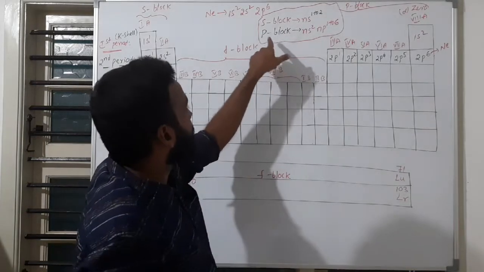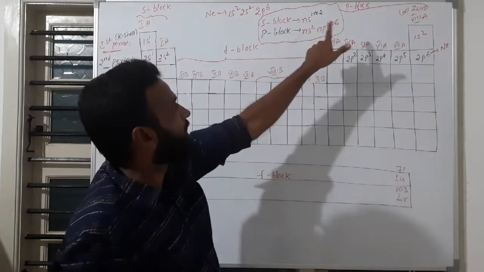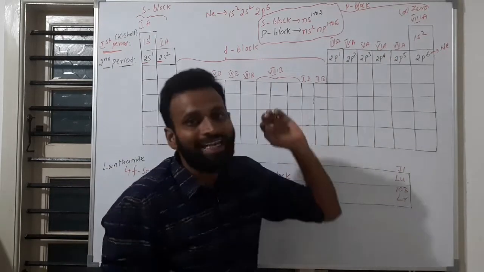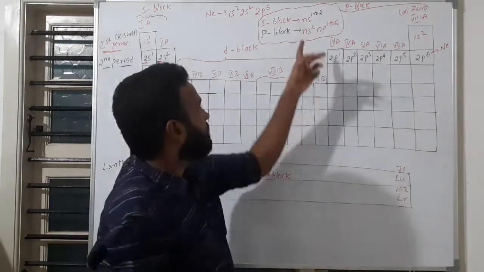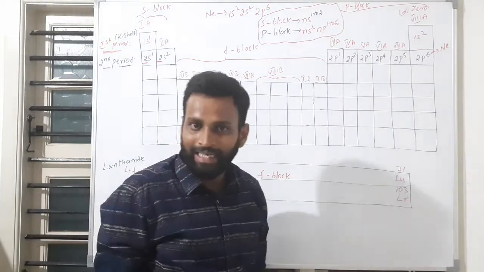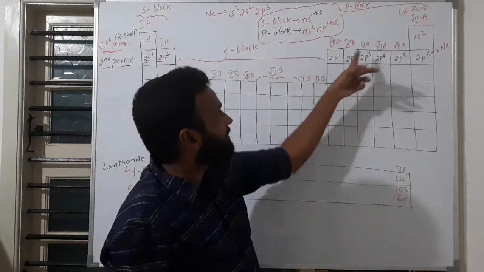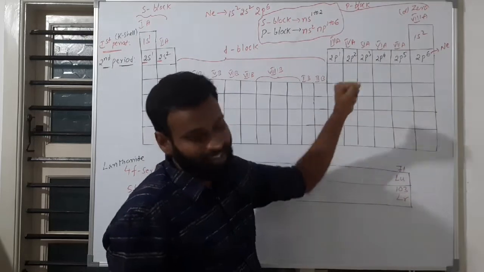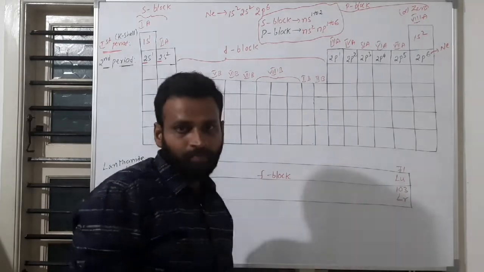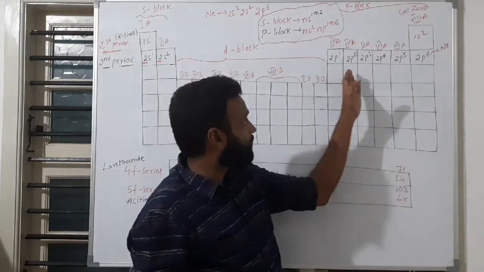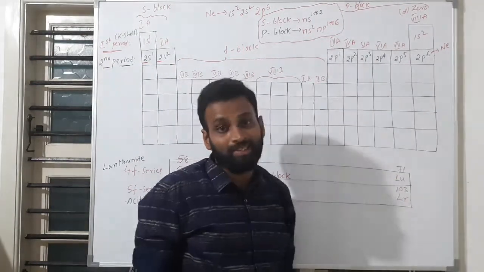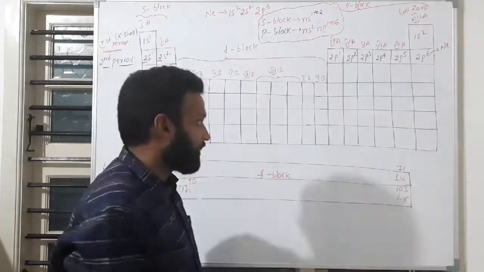Suppose I want the 4th A group electronic configuration in general, it means ns2 np2. Sorry, 6th A means ns2 np4, and 4th A means ns2 np2. Any doubt? The noble gas group means ns2 np6. That is the general electronic configuration.